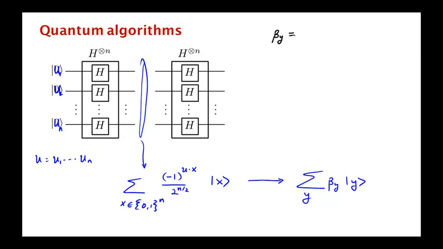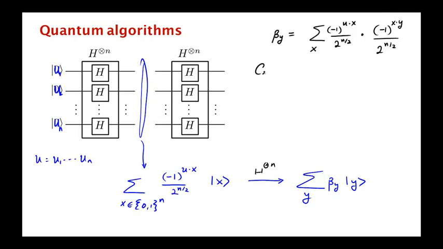Beta sub y is the sum over all x of the amplitude of x, which is minus 1 to the u dot x over 2 to the n over 2, times the amplitude of going from x to y when you do a Hadamard transform. What's that amplitude? It's minus 1 to the x dot y over 2 to the n over 2.